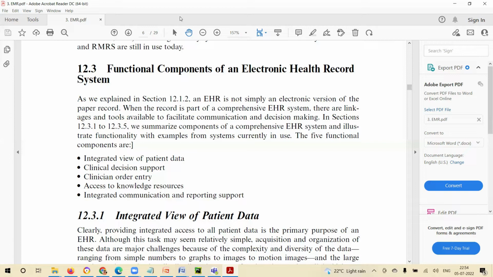Okay, then what is the next one? Clinical decision support. Okay, clinical decision. So the example which I gave, the clinical decision support, three words here: clinical, something to do with clinic, something to do with medical; decision, the decision that is being taken.